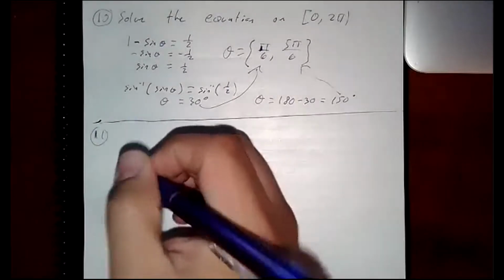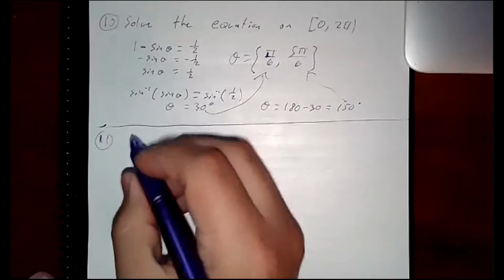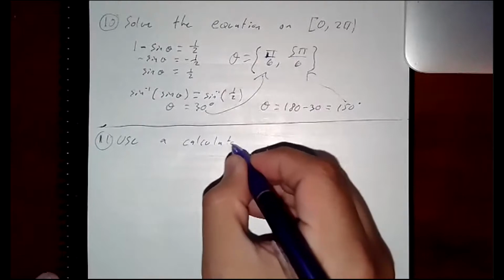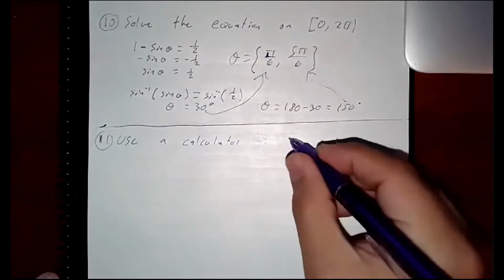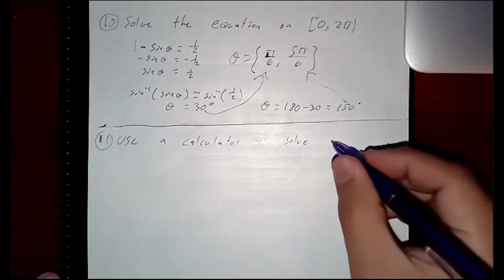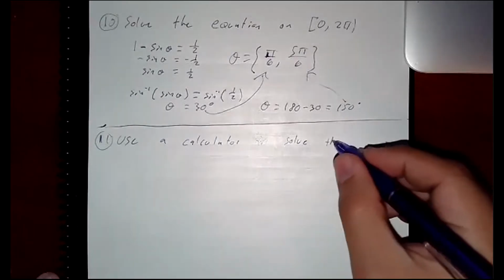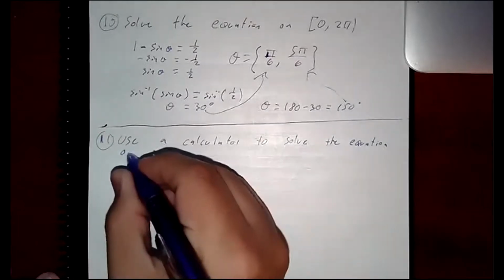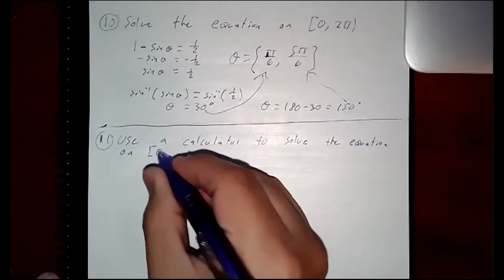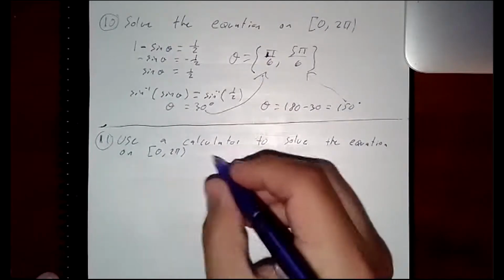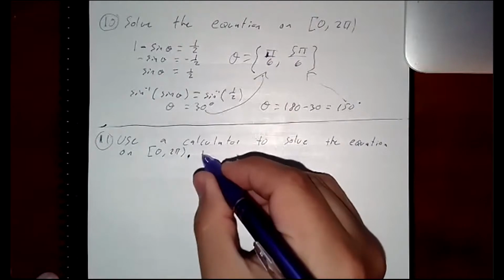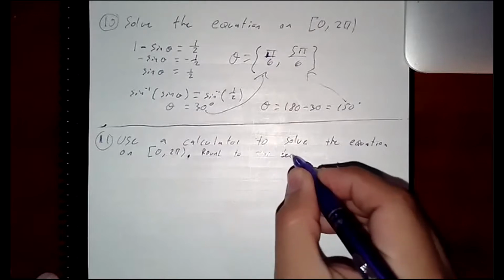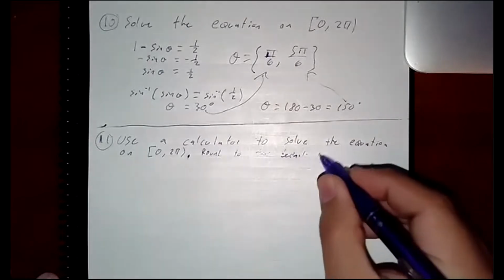Okay, so the next question says use a calculator to solve the equation on 0 to 2 pi, rounding to 2 decimal places.